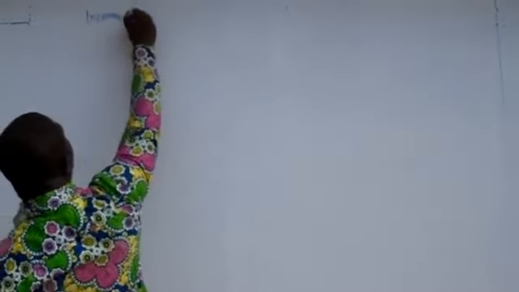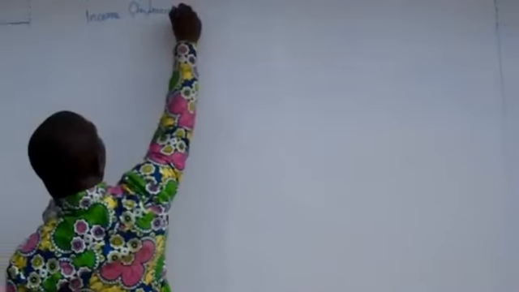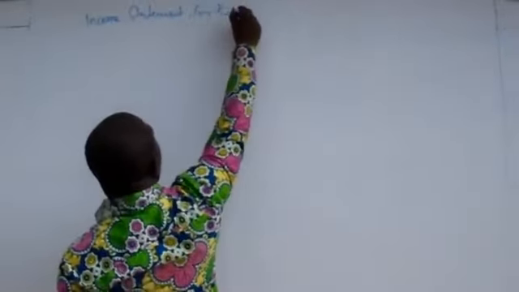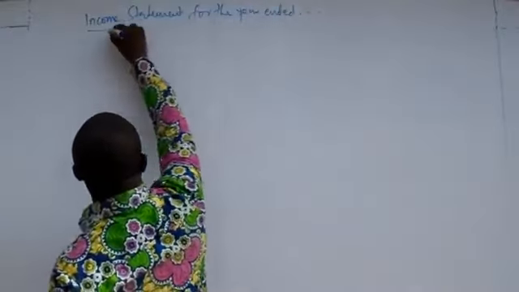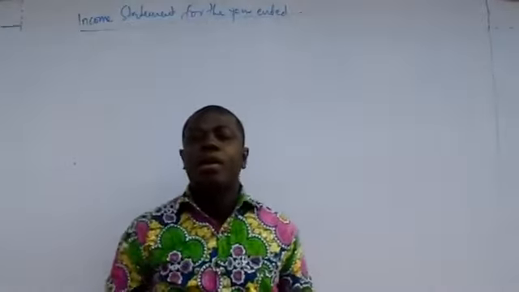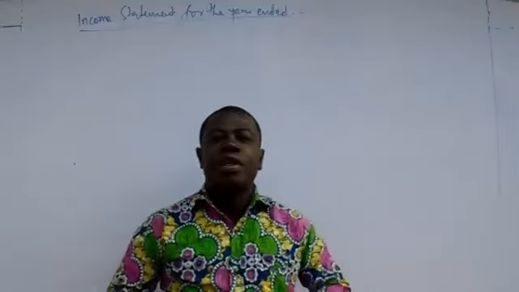Alright, so we are going to look at the format of the income statement. Remember that I told you that the income statement has 2 components, the trading account component and the profit and loss account component. So we are going to take them one by one. We begin by writing: Income statement for the year ended, and then you bring the year of preparation of the account, the end of the year.